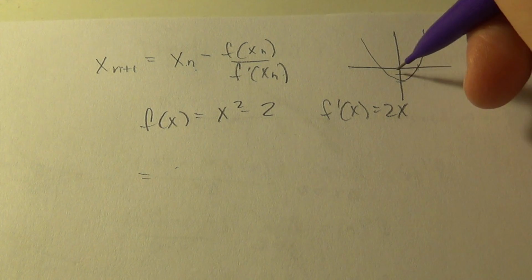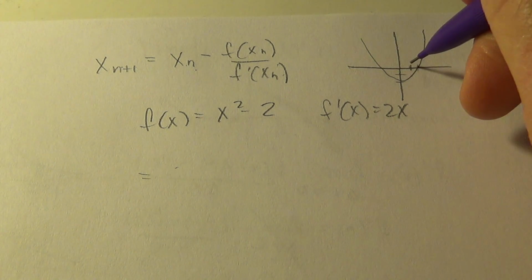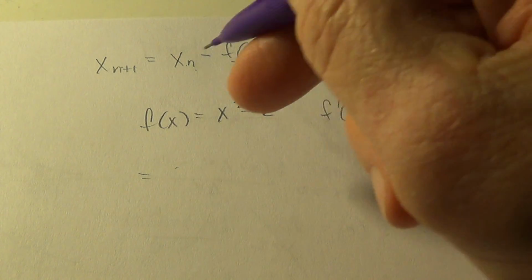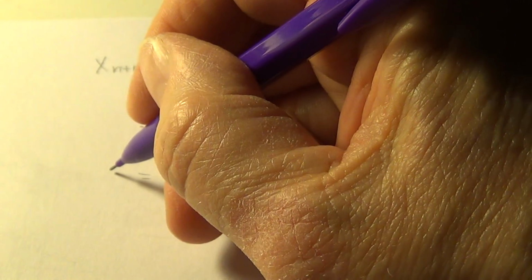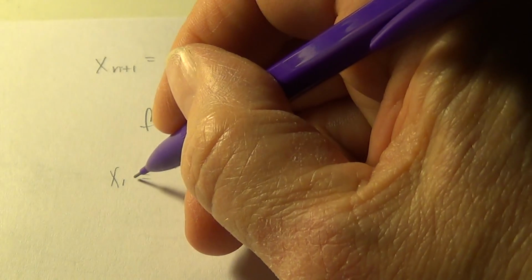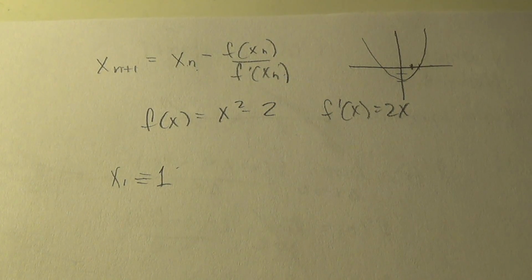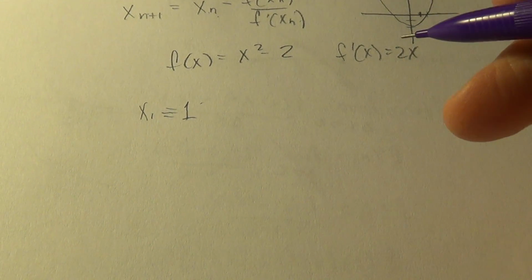I have no idea what these values are. I'll just guess 1. I'm not even sure if it's on this side or this side. I think it's on this side. Yeah, it is. So let my first guess be just a guess. I'm going to guess my first one, x sub 1 equals 1. I need a starting point. You can always start at 0, and each approximation will improve.